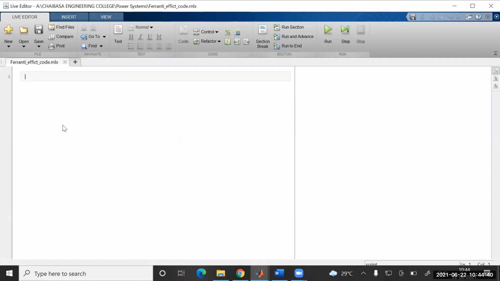We'll save that and write. First, we'll write what the program does. There is one particular symbol used to write comments.